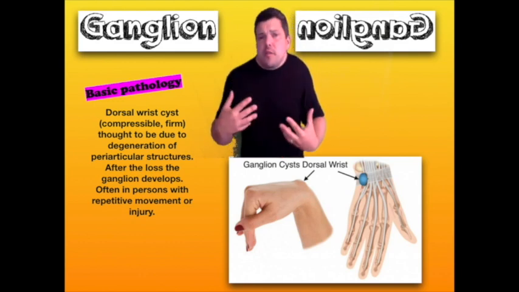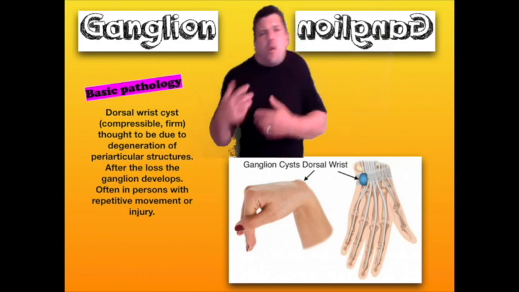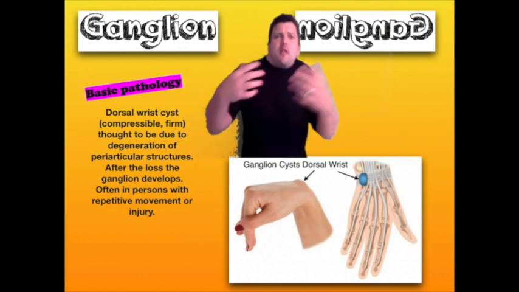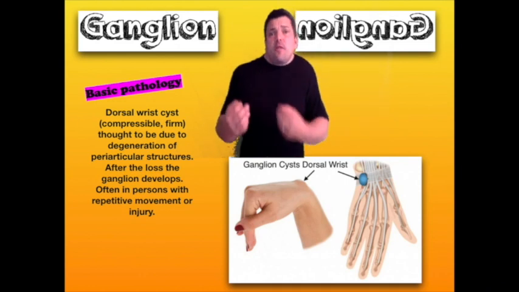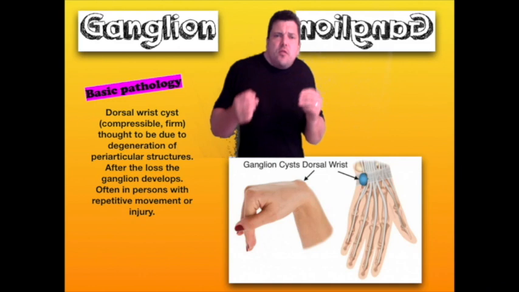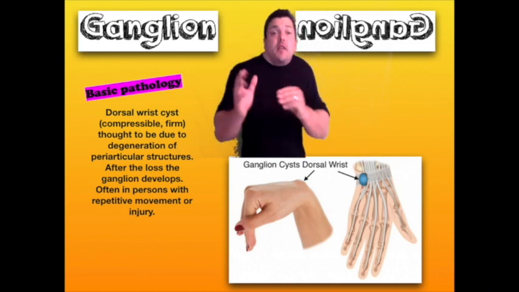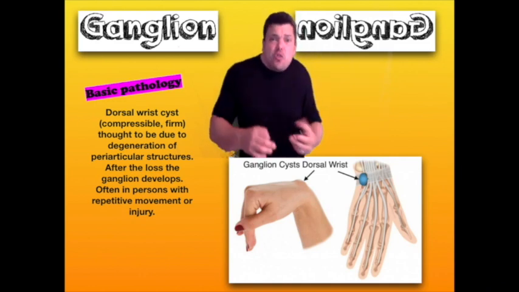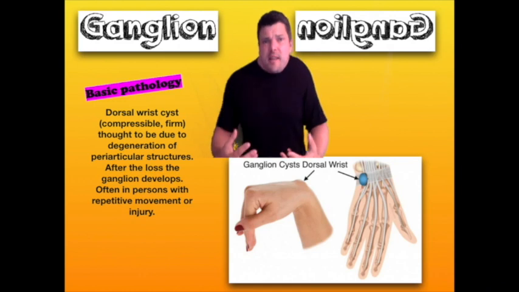Much like carpal tunnel syndrome, ganglionic cysts are often found in people who have repetitive motion occupations that involve very repetitive tasks that are in some way destructive to the joints. Now, does everybody who has that occupation get carpal tunnel syndrome or ganglionic cysts?